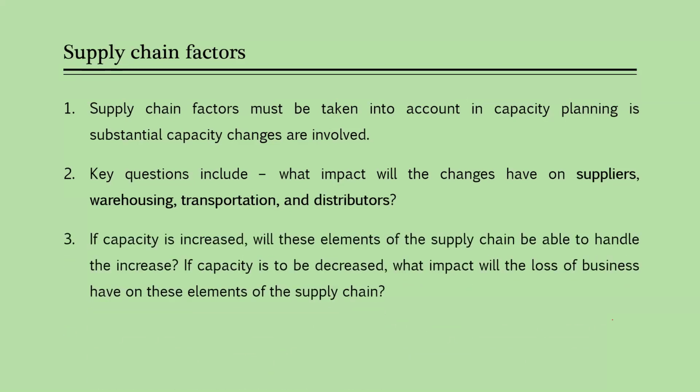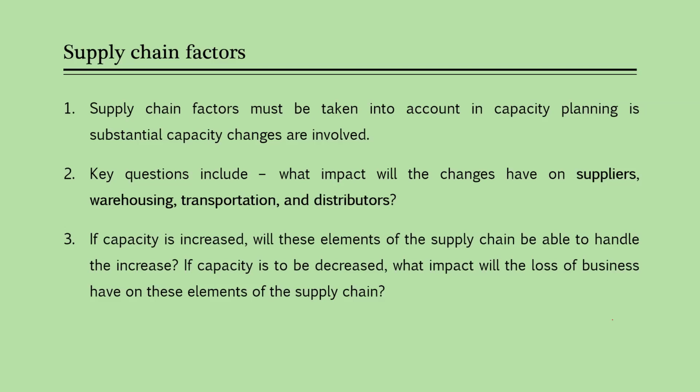If capacity is increased, will the elements of the supply chain be able to handle this increase? Currently, because of the current capacity, we have planned to produce 1,000 units. Now we are going to plan to increase it to 2,000.